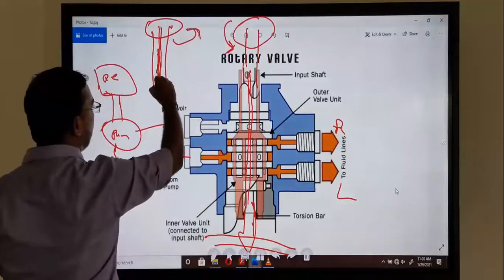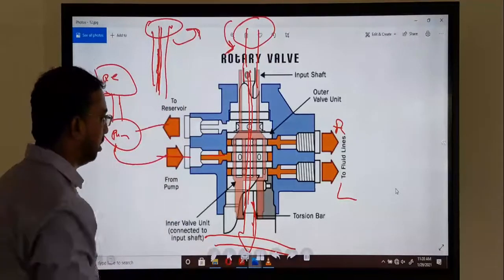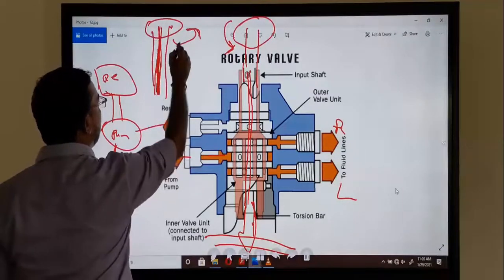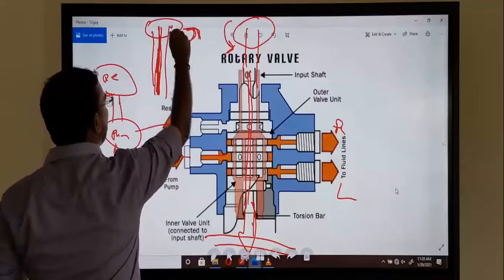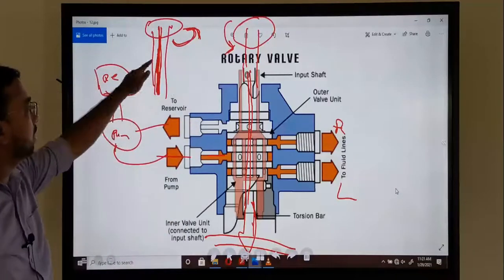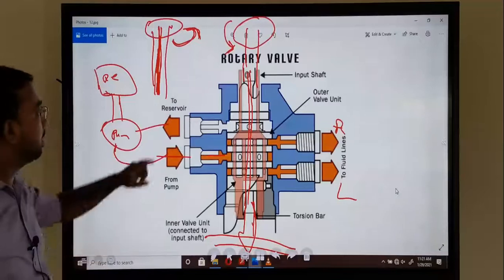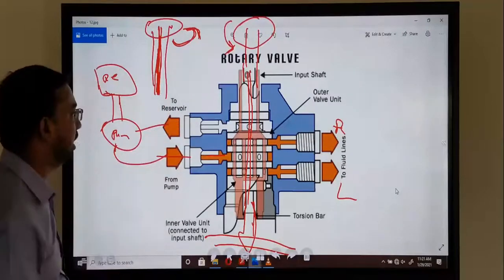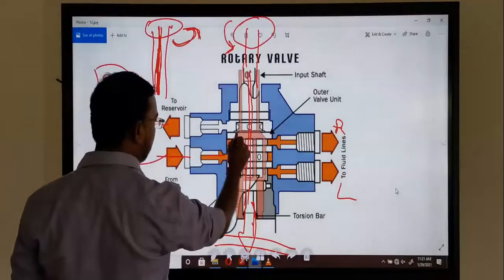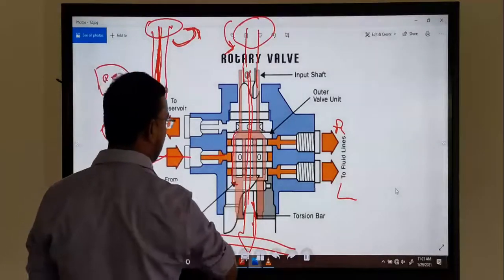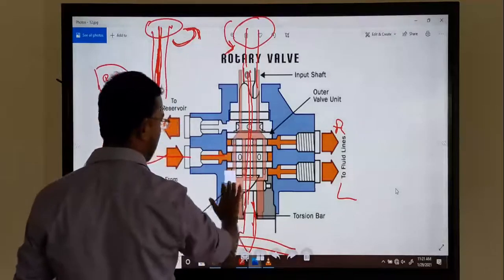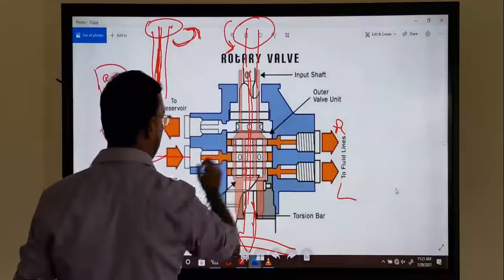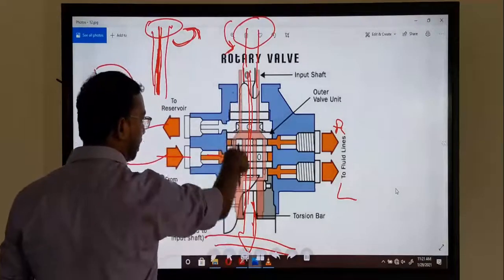At that time, when this torsion bar twists or bends, there is some twisting force applied on it when we rotate the steering wheel. Then this control valve inner body moves into this sleeve.